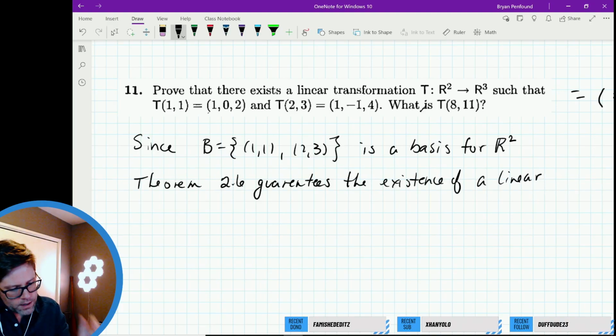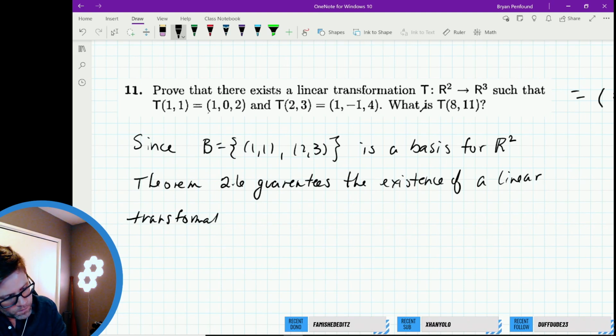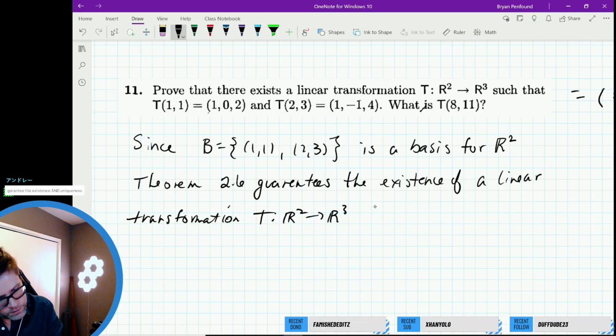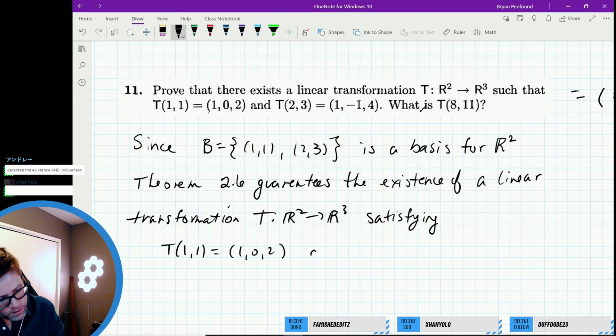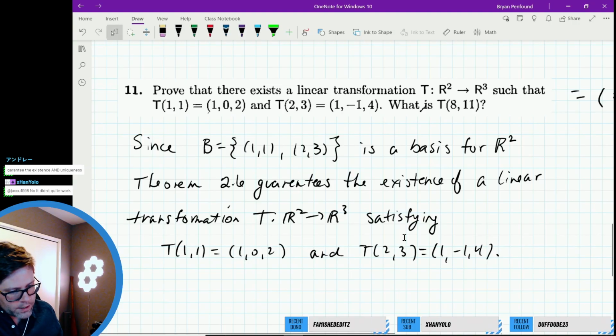So it guarantees the existence of a linear transformation T that goes from R2 to R3, satisfying the property that we want, right? That T(1,1) is equal to (1,0,2), and T(2,3) gets sent to (1,-1,4). So that's the existence part.